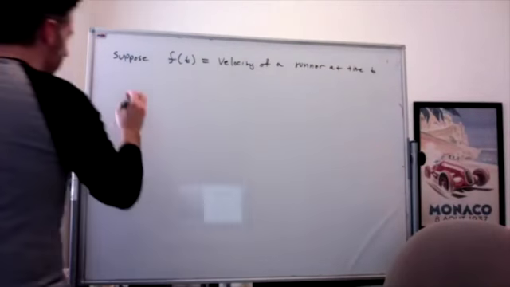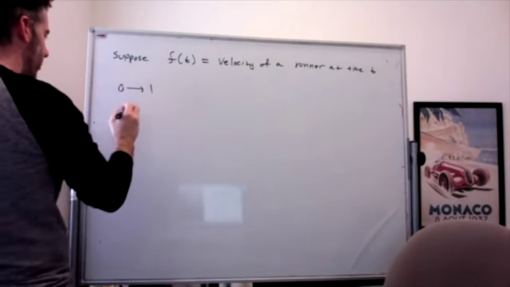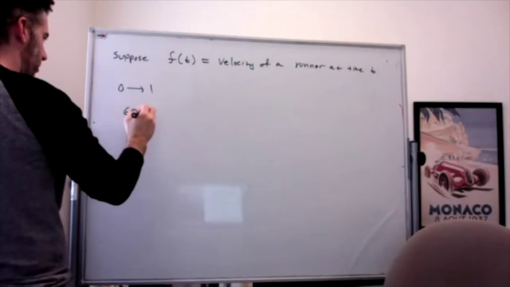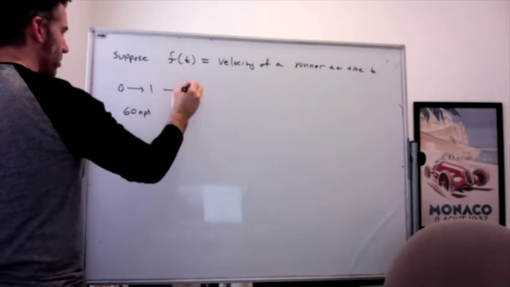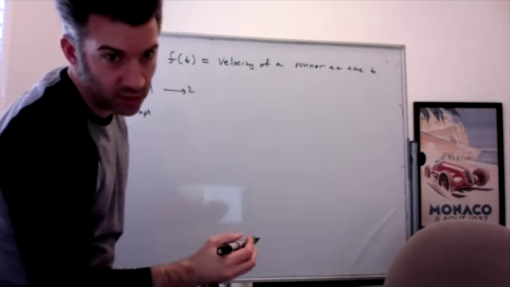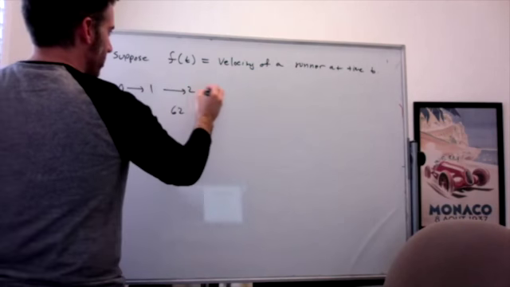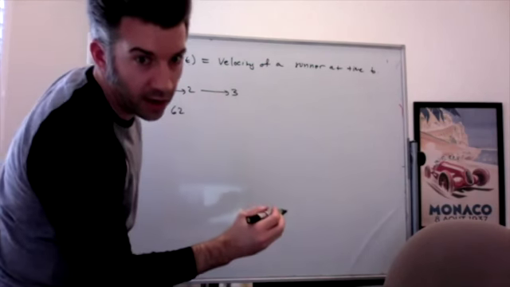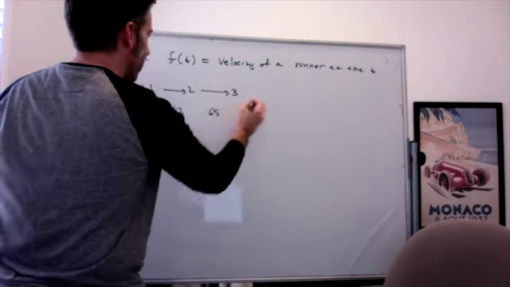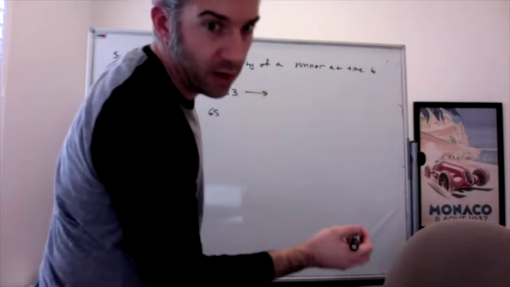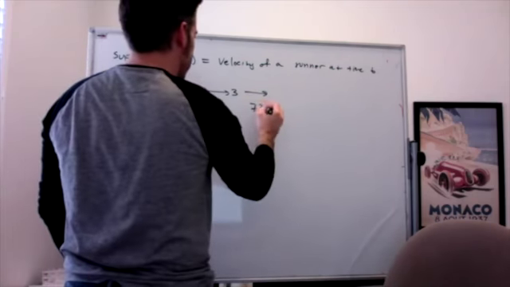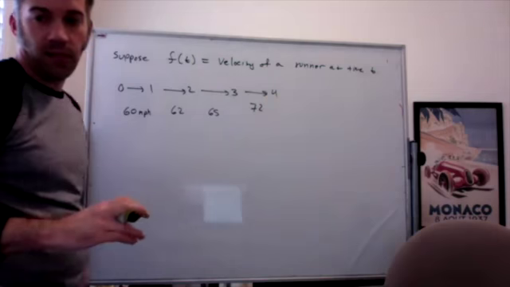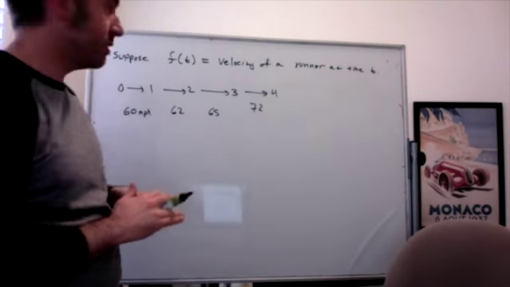For minute 0 to 1, I'm traveling 60 miles per hour. For minute 1 to 2, I'm traveling at 62 miles per hour. For minute 2 to 3, I'm traveling at 65 miles per hour. And we'll do one more. From minute 3 to 4, I'm traveling 72 miles per hour. Okay, so approximately how far did I travel in these 4 minutes?